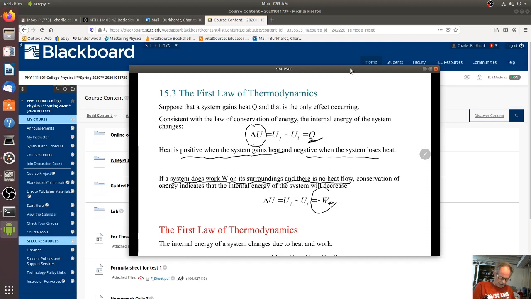If there's no heat flow, that work has to come at the expense of the internal energy. The internal energy has to go down. The energy that did that work has to come from somewhere, and it comes from the kinetic energy of all the atoms. So if it does positive work, the change in internal energy is negative, it goes down.